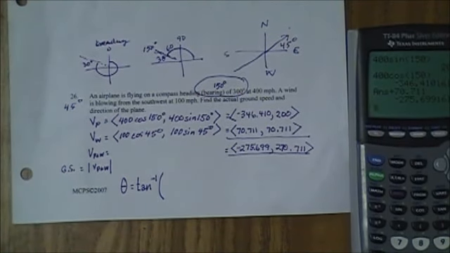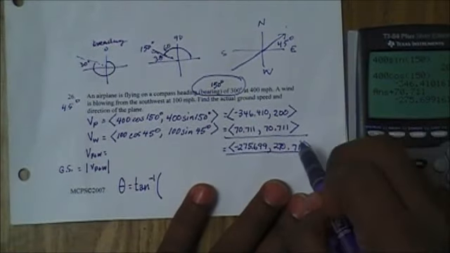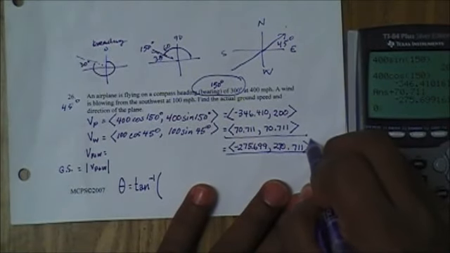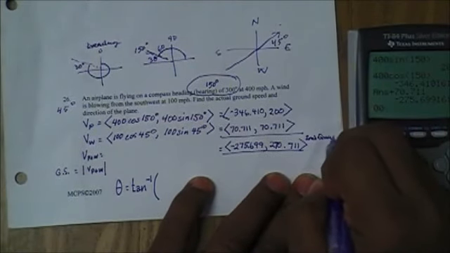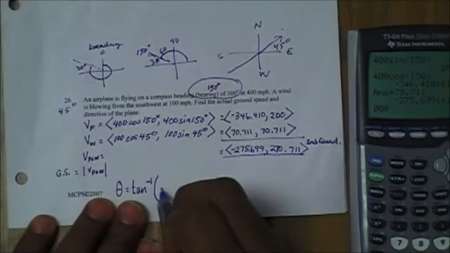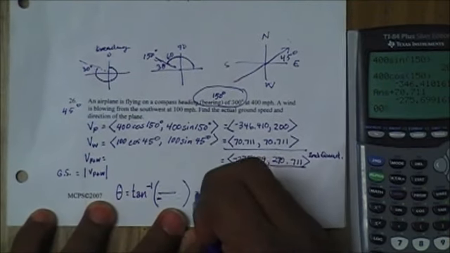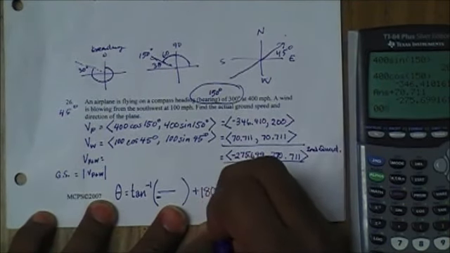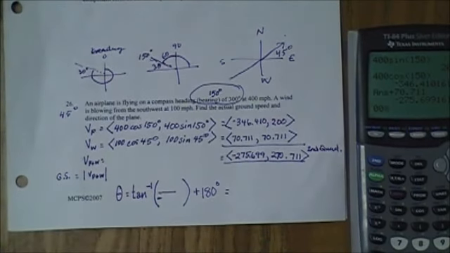Push of a button. Now it's negative, positive, which puts us in the second quadrant. I know this is positive, negative, but whatever value we get here, we're going to add 180 degrees to it, because it's second quadrant.